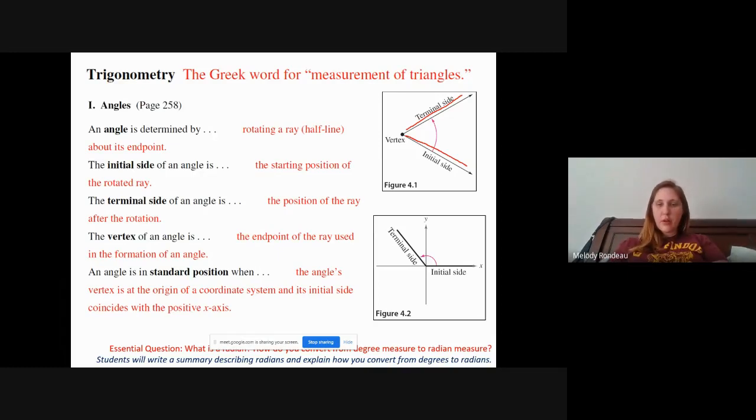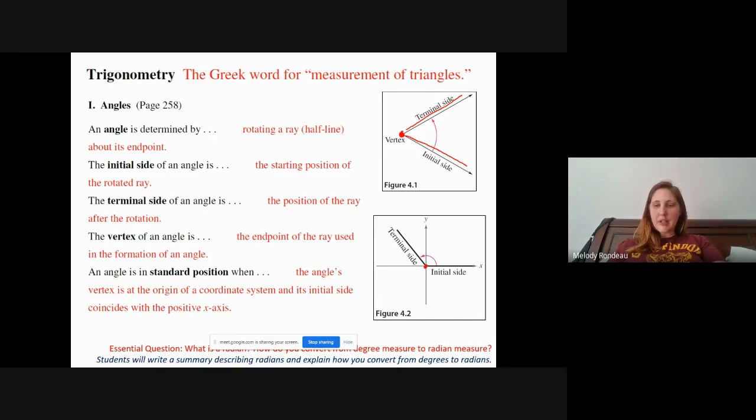There we go. Okay, when we go to standard position, this is very, very important. Moving forward, most, if not all of our angles are going to be on a coordinate plane, an XY axis, and we consider standard position when the vertex is at 0, 0.